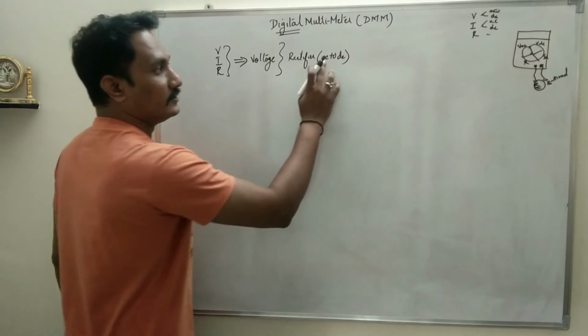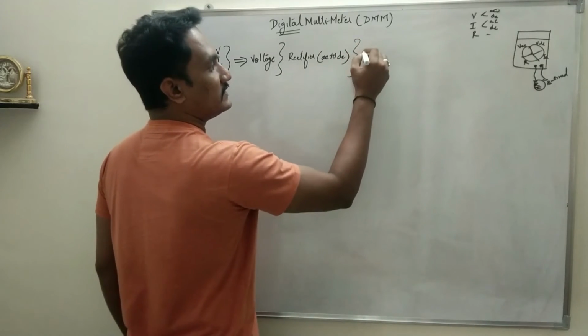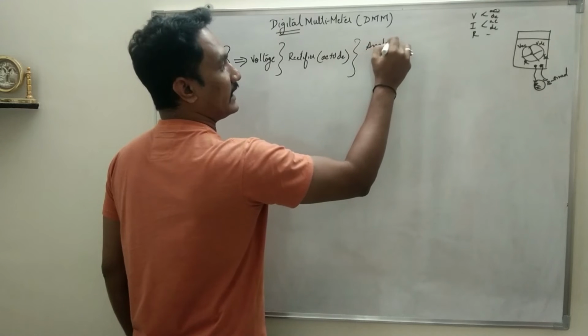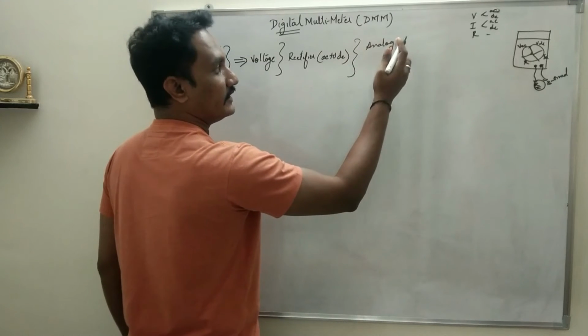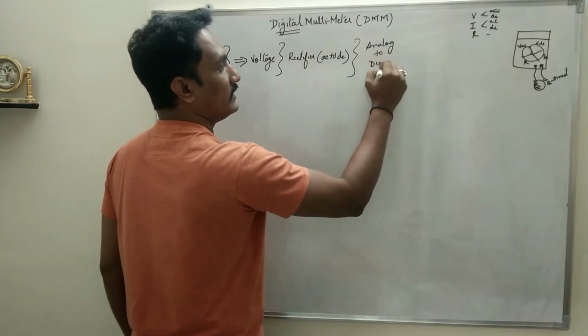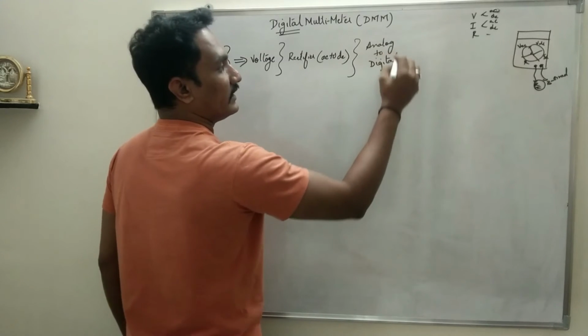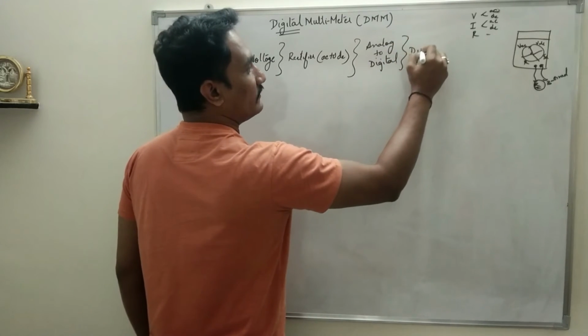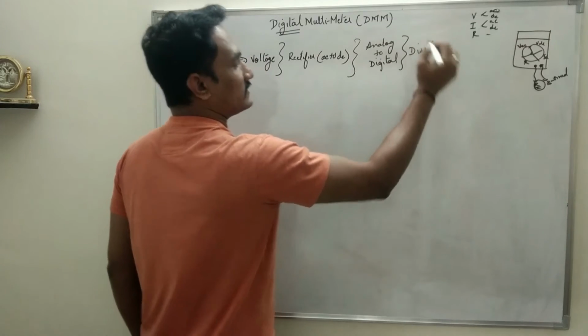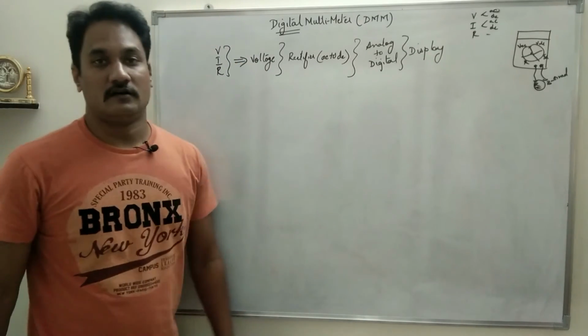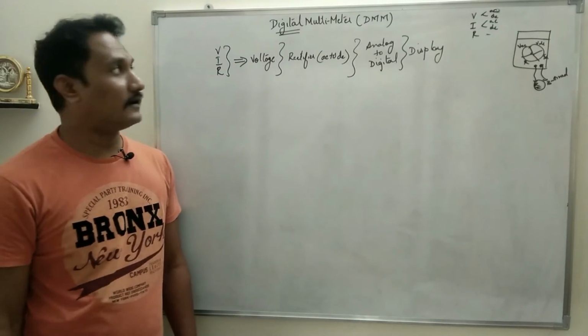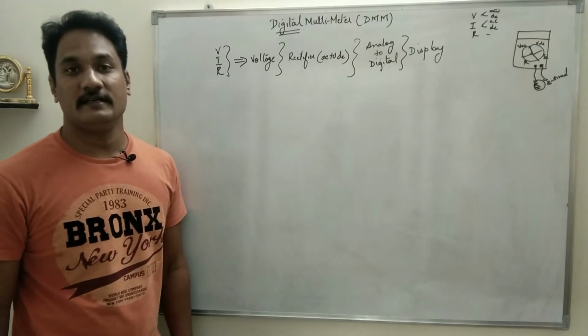Then this DC signal, which of course is analog in nature, that means a continuously varying signal, we have to convert into digital, that is binary information, and then we give it to the display. So this is the basic construction structure of the digital multimeter.